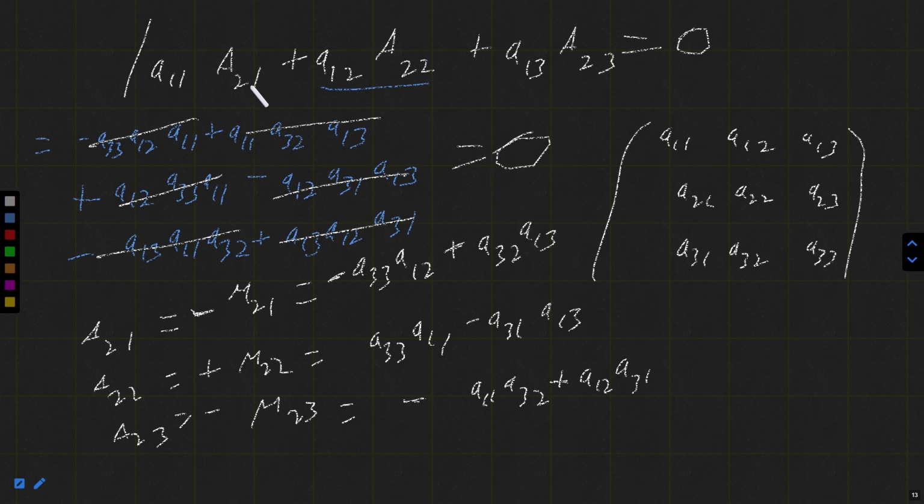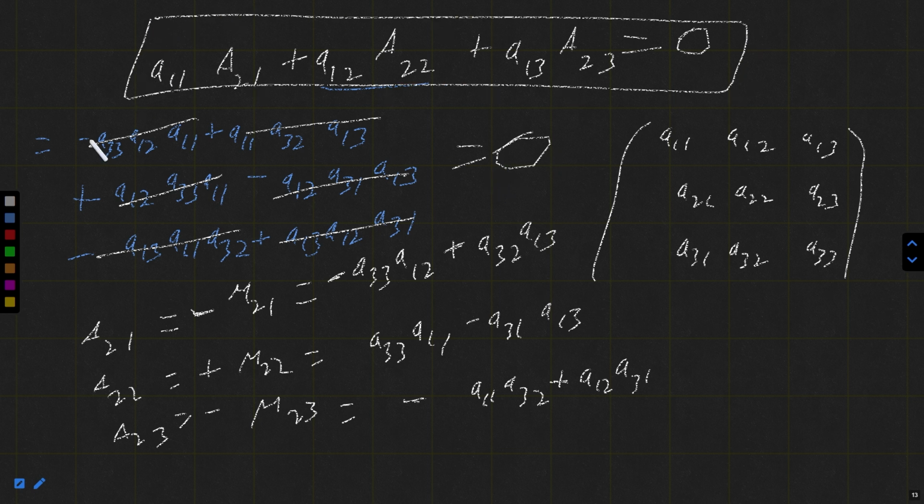Okay, so please also remember this. If entries of a row are multiplied with another row's cofactors like this, then you can say directly that their sum must be 0.